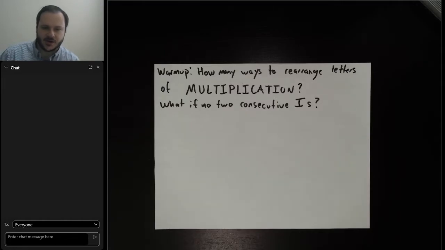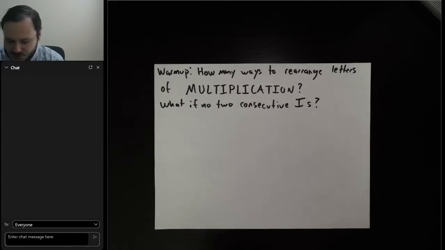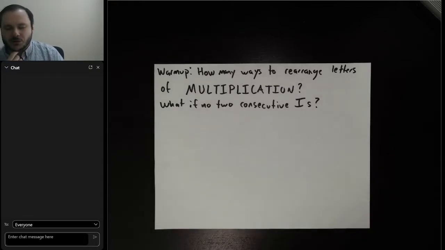Okay, so we're starting off thinking about the word multiplication, which I think I spelled right, although there's a lot of letters there. We want to know how many ways there are to rearrange these letters. That's question one. And then question two is, what if we want to rearrange the letters, but we don't want to have two I's next to each other? Then how can we do it?